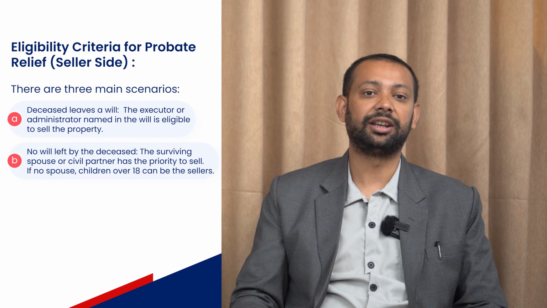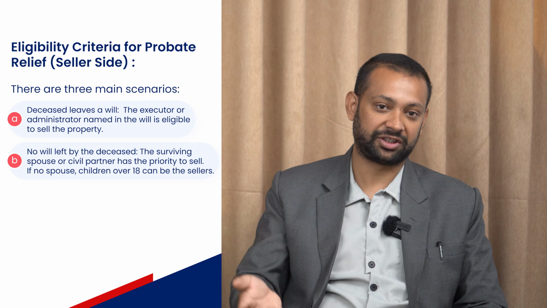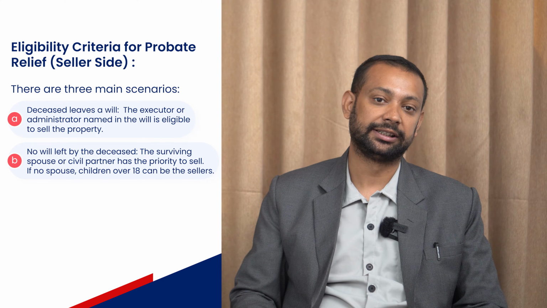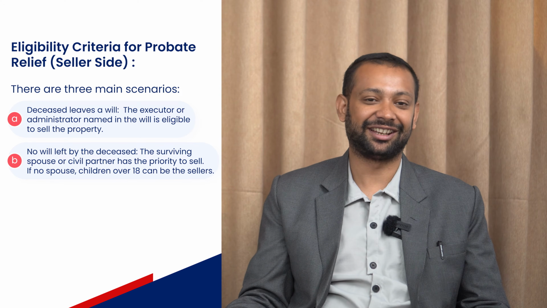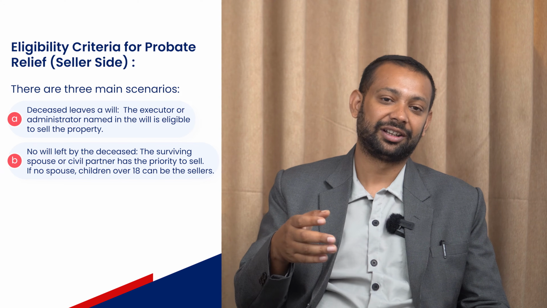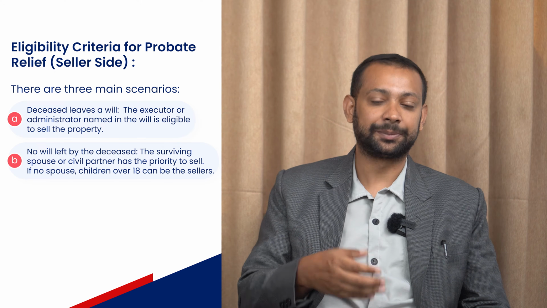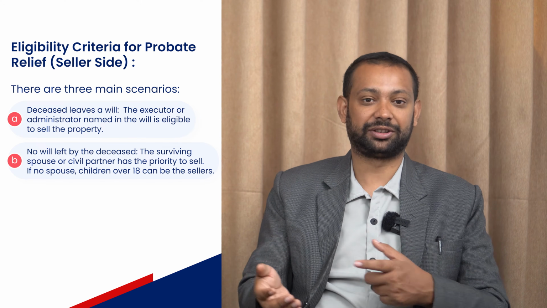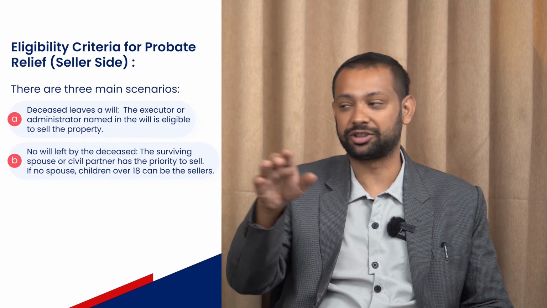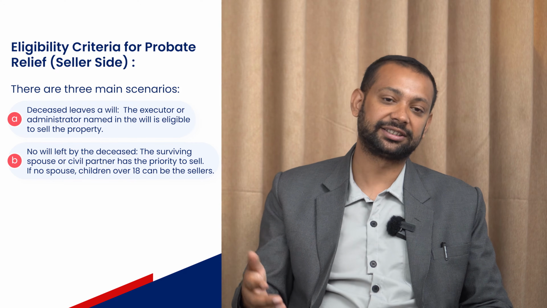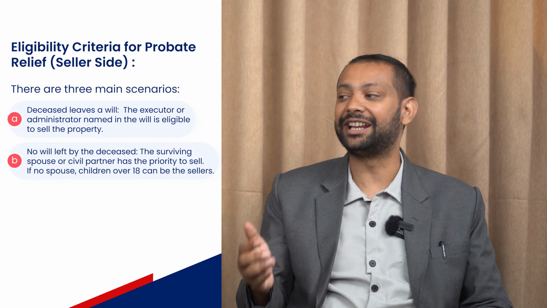The second is a situation where the deceased has not left any will at all. In that case, the surviving spouse or civil partner has the first priority. And secondly, it's the children who are over the age of 18.